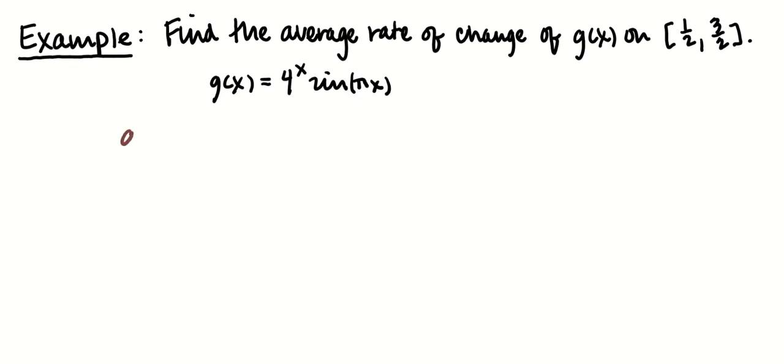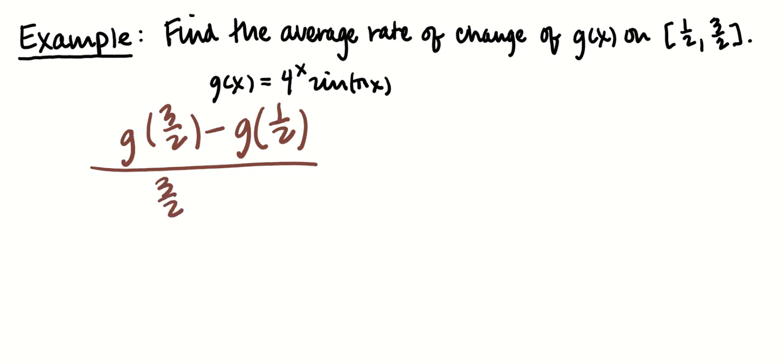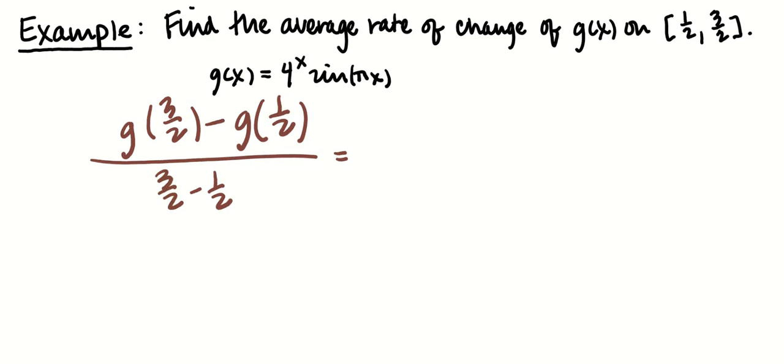Okay, we know the average rate of change of g on 1/2 to 3/2 is going to be g of 3/2 minus g of 1/2 divided by 3/2 minus 1/2. Okay. Well, that's going to be, we're going to end up dividing by 1, so that's something nice.